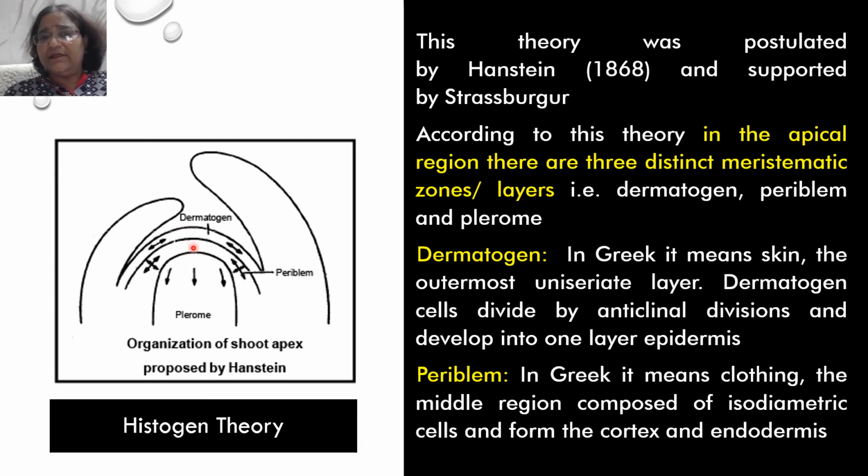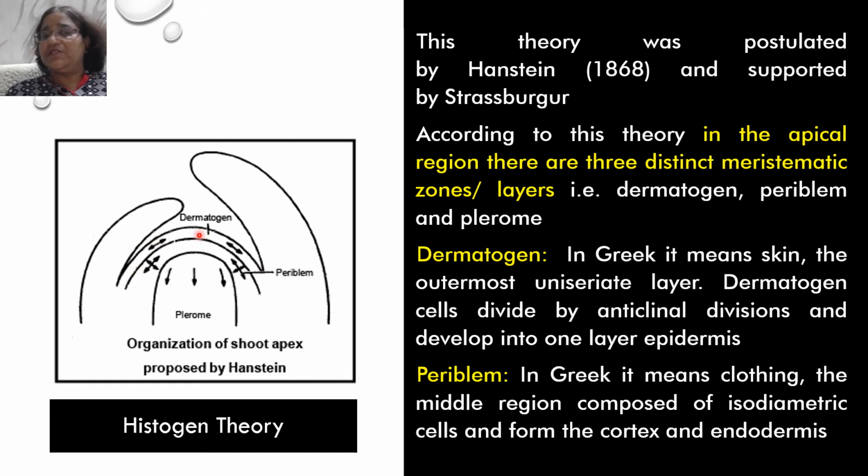So there are 3 different layers or zones, and this single layer is made up of few cells, and this dermatogen divides by anticlinal division. What it does, it increases the number of cells in the layer, so it develops a one-layered epidermis.